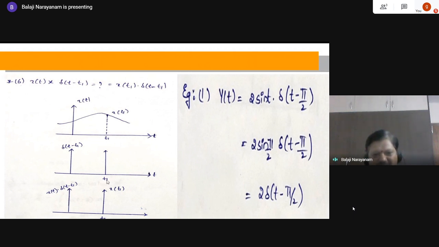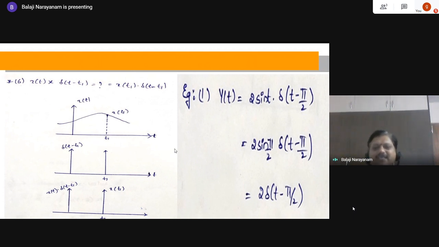So at time t is equal to t1, for delta of t minus t1, here we have shown the amplitude with an arrow mark. You observe that this notation we discussed already, and now you multiply these two, x of t multiplied with the delta of t minus t1, that resulted in again x of t1, and hence we are able to show this particular property.